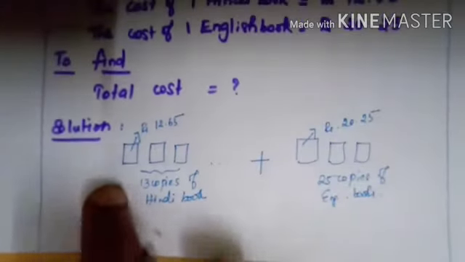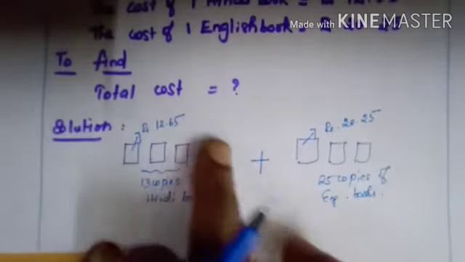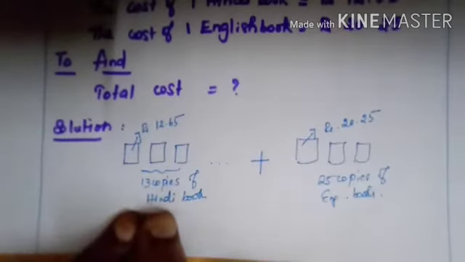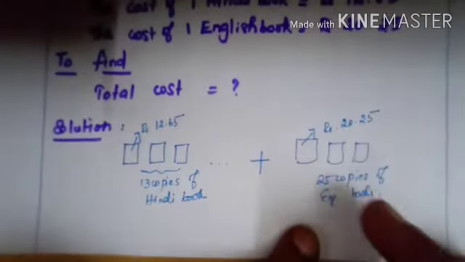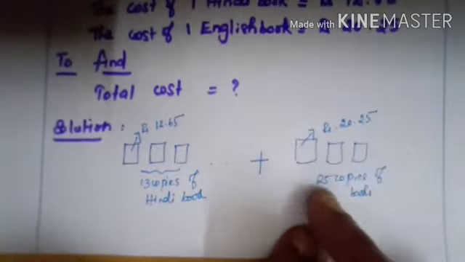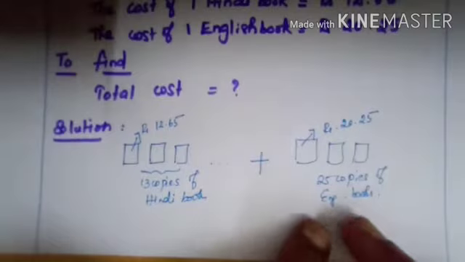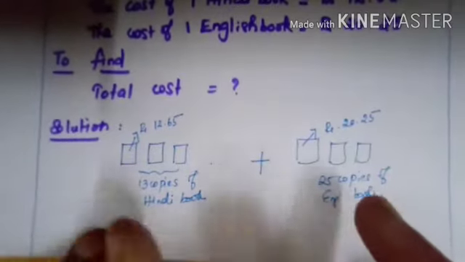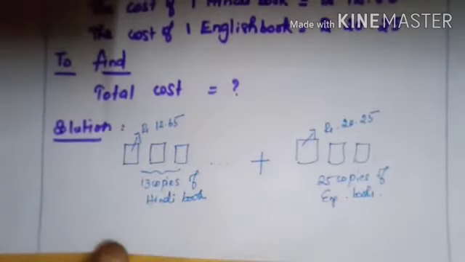So first you have to find out the total cost for the Hindi books. And second you have to find out the total cost for the English books. Then you have to add.